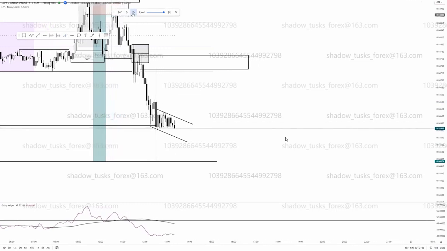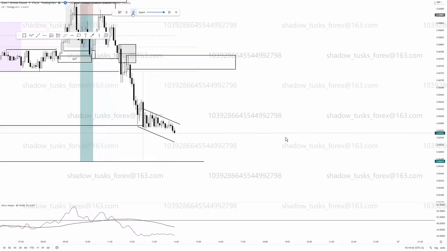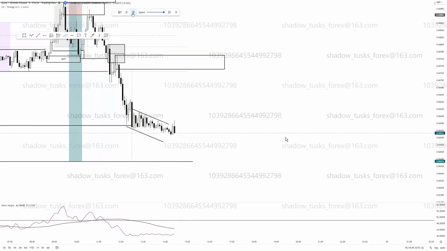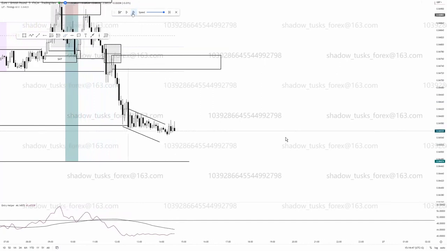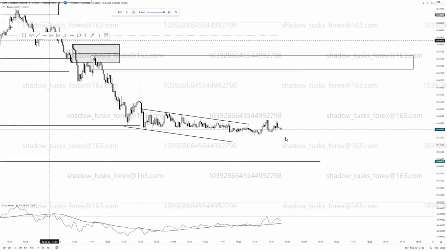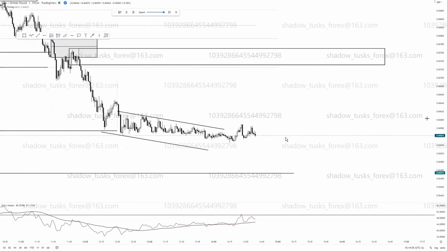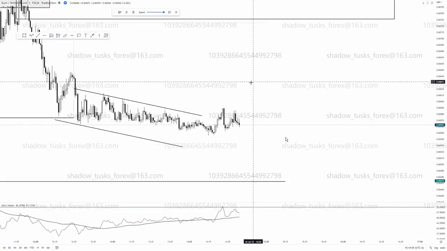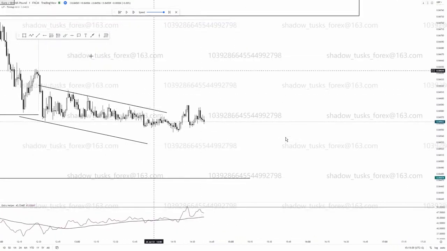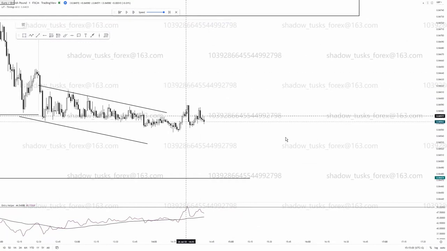Right, so we're in our little build up, perfect. Nice and simple. Okay, so potentially, if you were absolutely starved for a trade and you really wanted to take something, you could potentially look to take this.